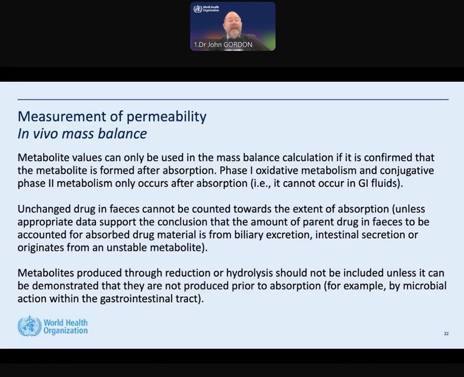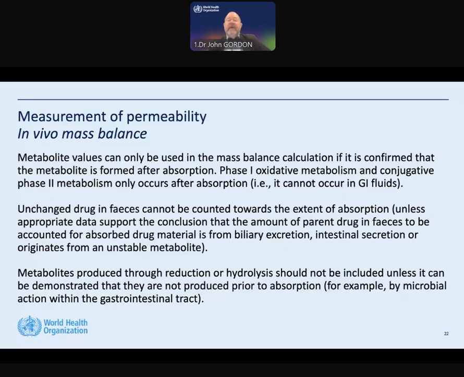Using the in vivo mass balance, you can again assess permeability. It's a little bit more complicated, but metabolite values can only be used in a mass balance calculation if it's known and confirmed that that metabolite was formed after absorption. So if you're going to try to figure out if 85% or more of an API is absorbed using a mass balance, then the metabolites you're including in your calculation need to have been absorbed, obviously, before they were turned into metabolites.